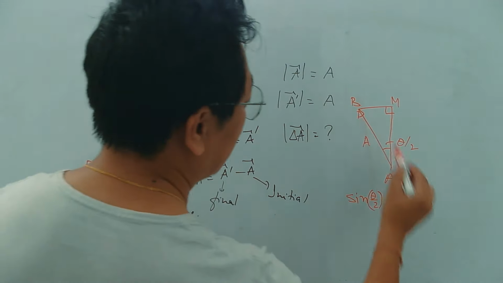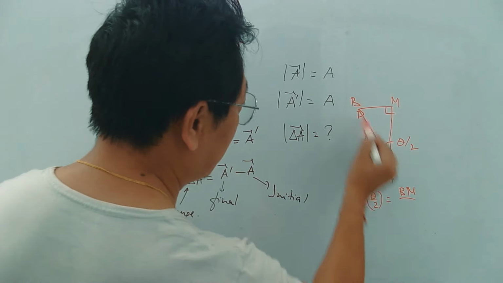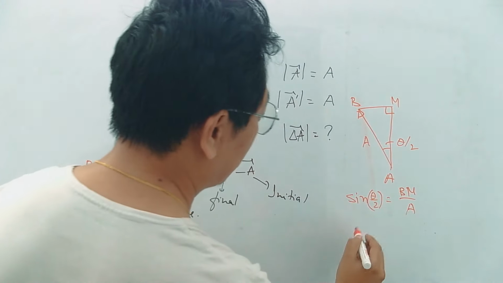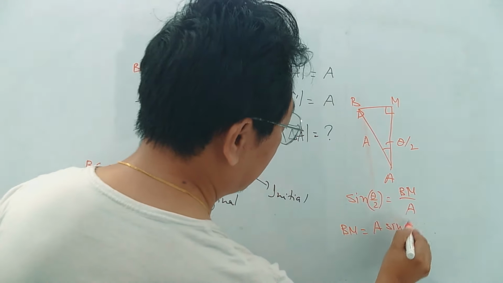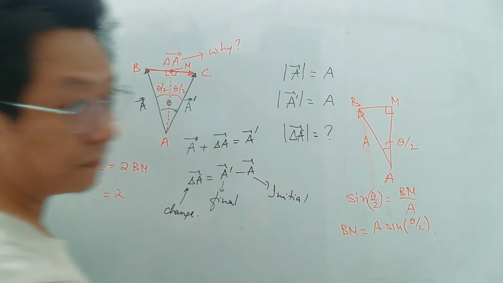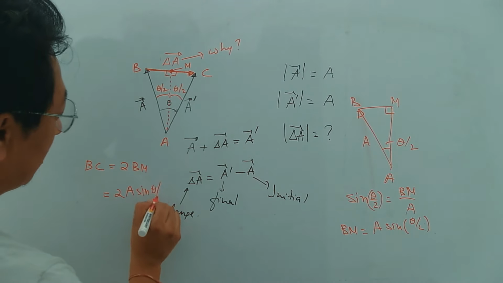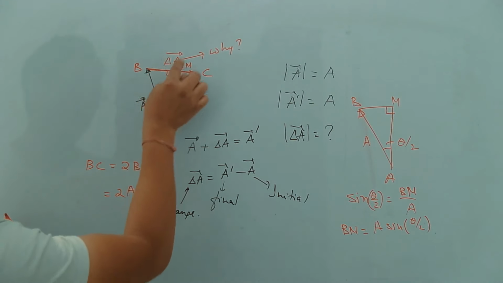This opposite side is BM, and the hypotenuse is AB, which represents the length of a bar, which is simply a. So cross multiply. BM is a sine theta by 2. So what is BC, the length of this vector delta a bar?